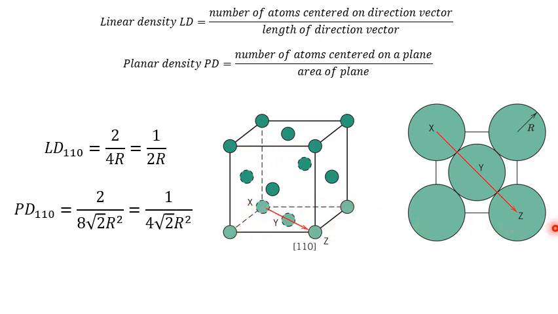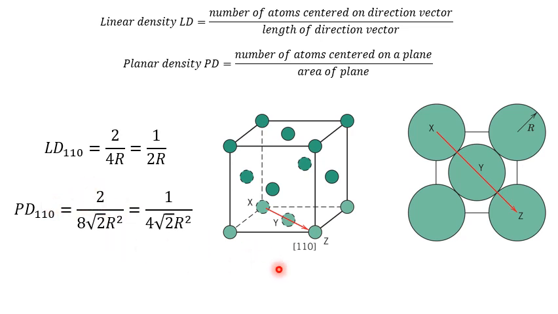The number of atoms is 1 in the middle plus 1/4 atom in each corner. Thus we've got 1 in the middle and 1/4 in each corner. The total number of atoms is 2.